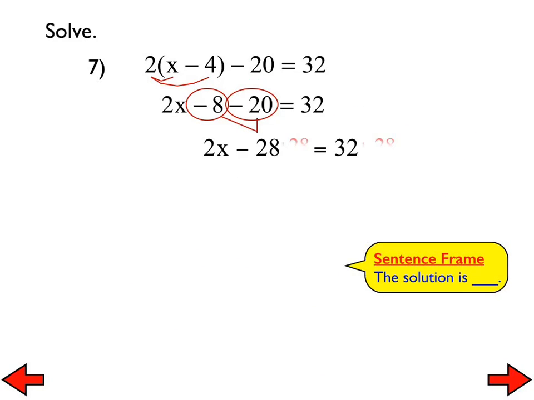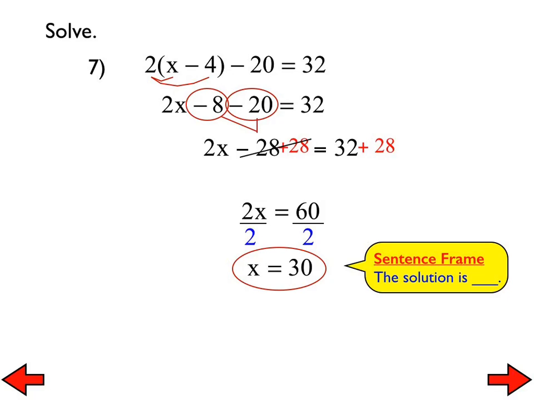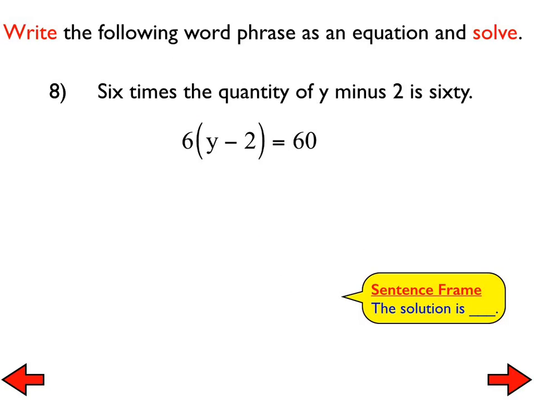Okay, we've got 2 problems left, and this is the language objective part of our day. And it builds on something that we talked about on a different day. So let's take a look at number 8. Number 8 says 6 times the quantity of y minus 2 is 60. What we did a few days ago is we worked on translating those words to that equation.